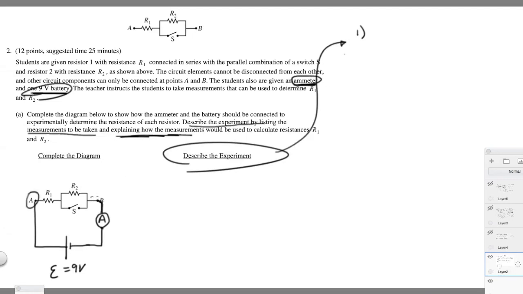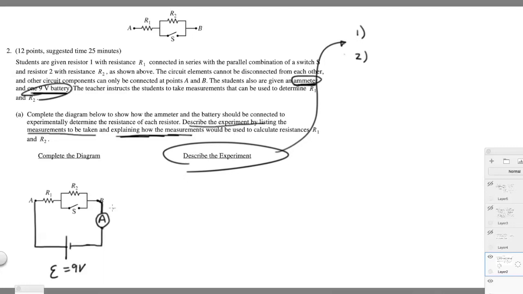So we got point A, point B. So what we did is we connected the battery and the ammeter in series to the given circuit at points A and B. Okay, step 2: with switch open, record the reading on the ammeter.